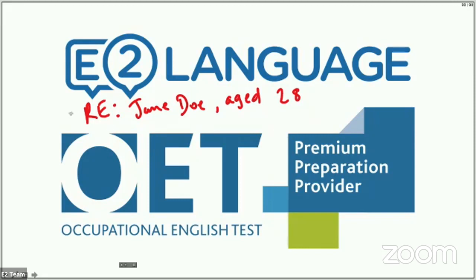Usually we write this, but if they give the date of birth instead, don't worry about this. All you write is DOB, and let's say her birthday is 11th of the 5th, I don't know, whatever that is, 1990. Okay, and that would be fine as well. So that's how you do that.